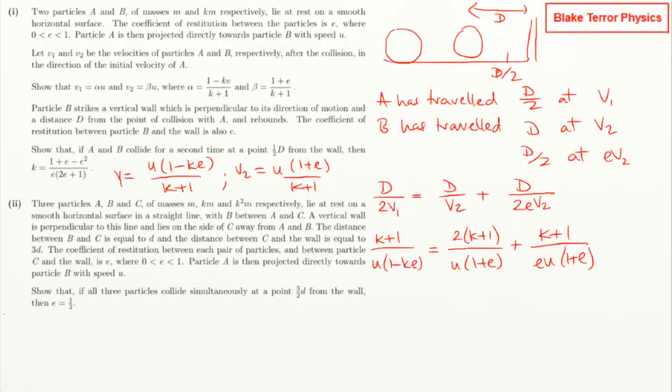So I've got lots of things I can cancel. I can get rid of a u and the k plus 1's. So let's multiply through by everything.